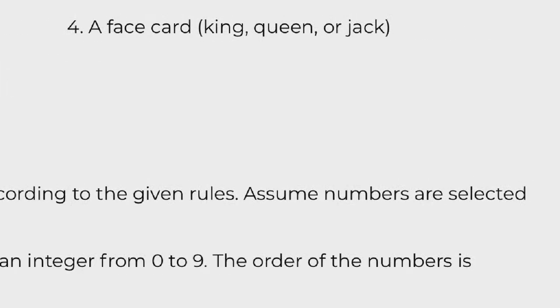Okay, number 4, we want to find the probability of picking a face card, so a king, queen, or jack. There are 52 cards total, and of those 52 cards, there are 12 kings, queens, and jacks. So it'll be 12 over 52, which is about 0.23.